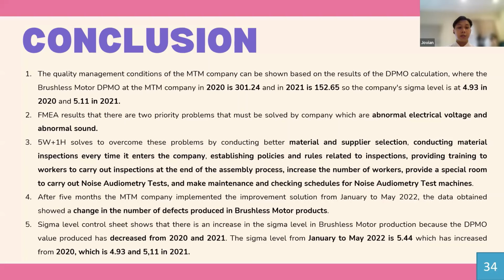The sigma level control sheet shows that there is an increase in sigma level in brushless motor production because the DPMO value produced has decreased from 2020 and 2021. The sigma level from January to May 2022 is 5.44, which has increased from 4.93 in 2020 and 5.11 in 2021.